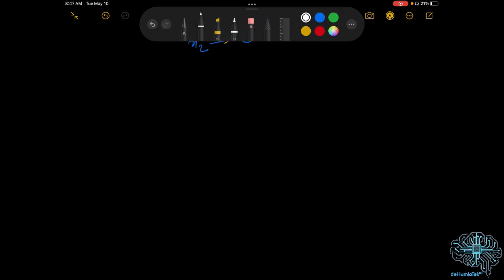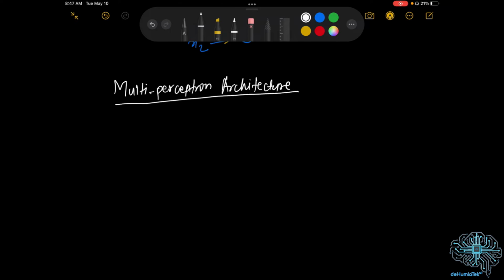So now let's see the multi-perceptron architecture. This is like an example we have seen for the single perceptron.